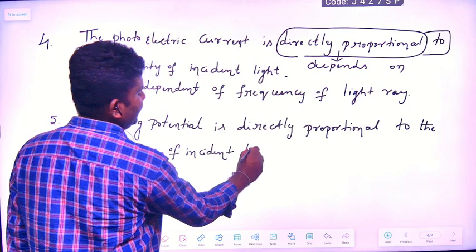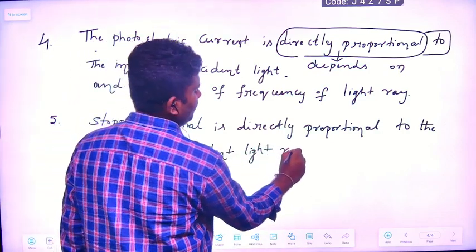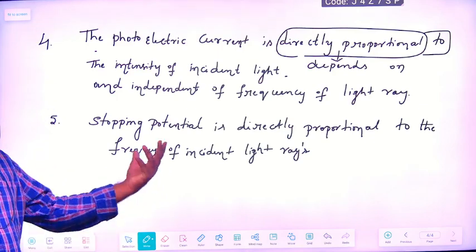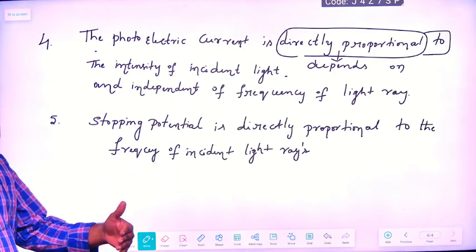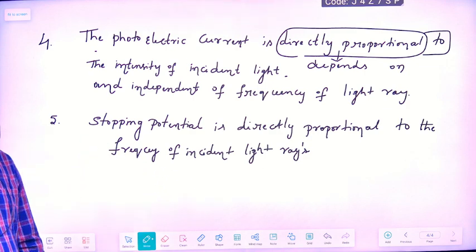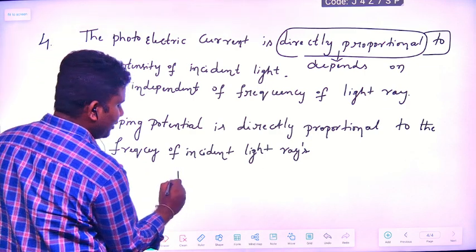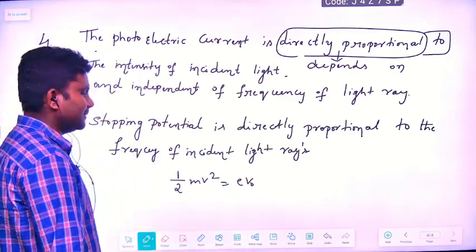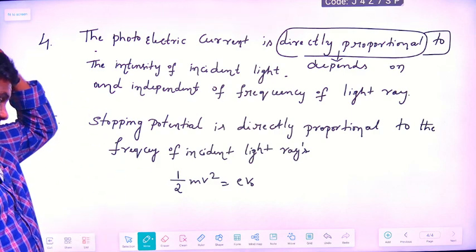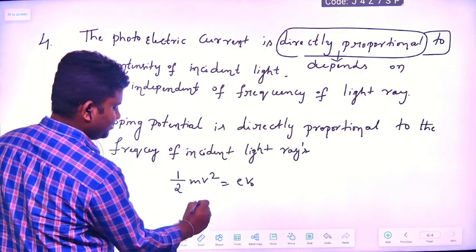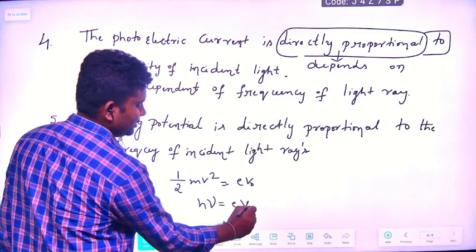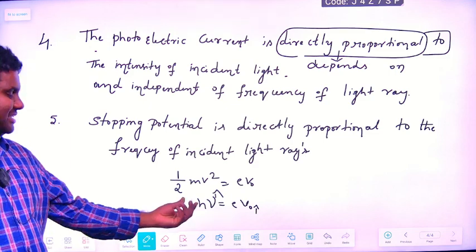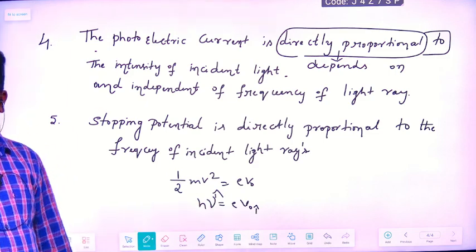Frequency increases means energy increases, so stopping potential increases. I have given this: half mv square is equal to eV0. Half mv square means hν, so hν is equal to eV0. Stopping potential increases since frequency increases. Understood? When incident frequency increases, definitely stopping potential increases.